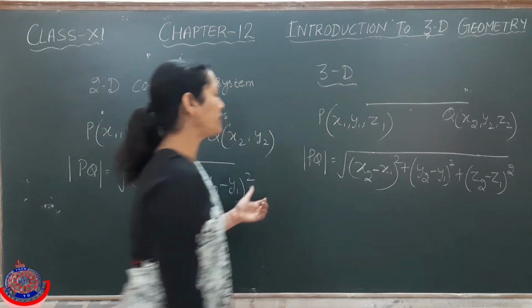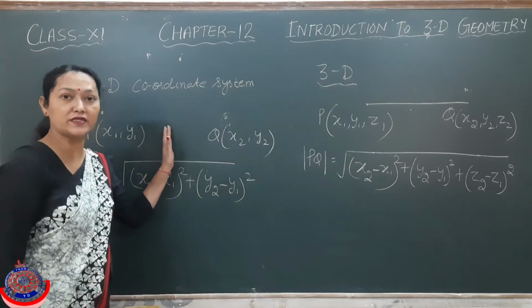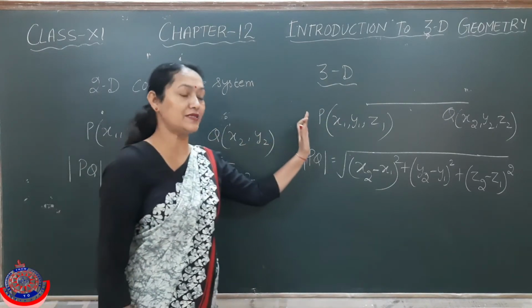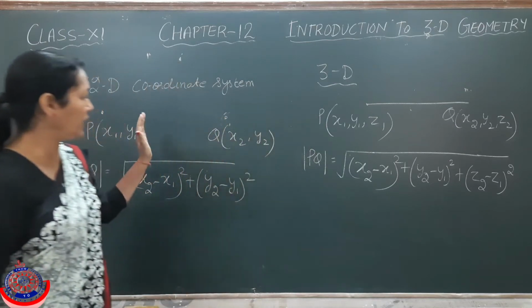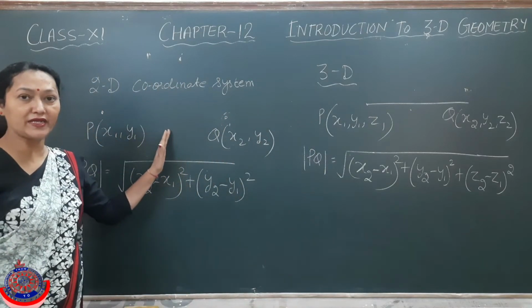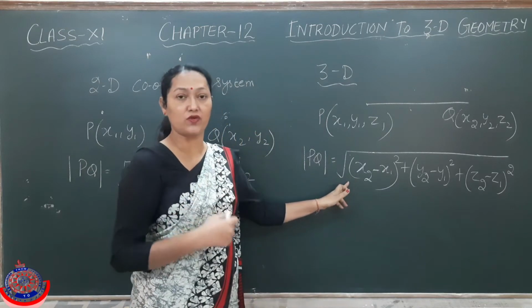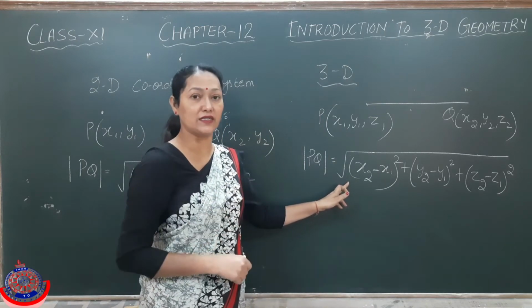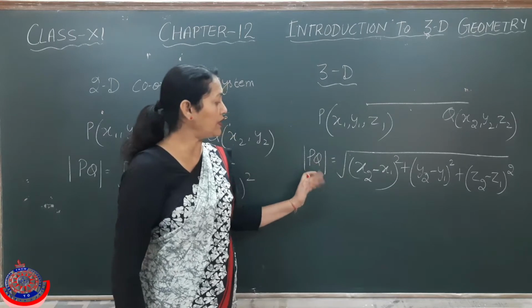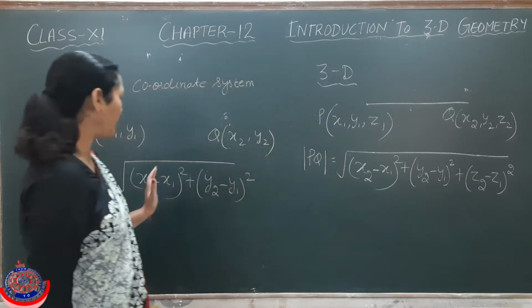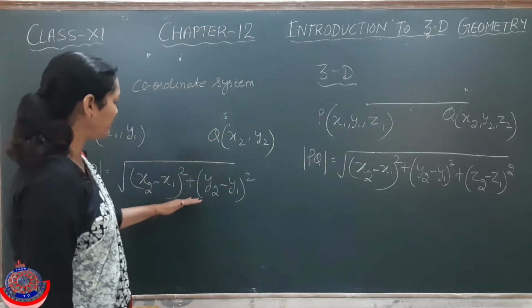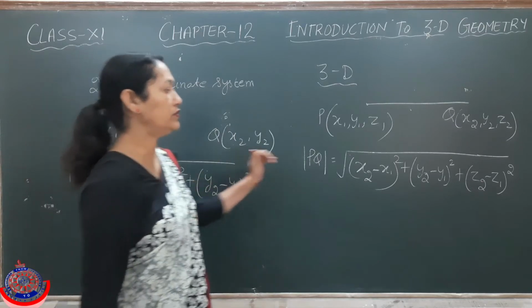So difference between two-dimensional coordinate system and three-dimensional is this one only. In this we have only 2 axes, x-axis and y-axis, and in 3D coordinate axis we are having z-axis also, x-axis, y-axis and z-axis also. So our same way our distance formula has got changed from 2 points to 3 points.